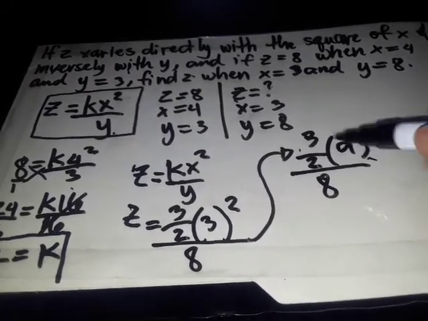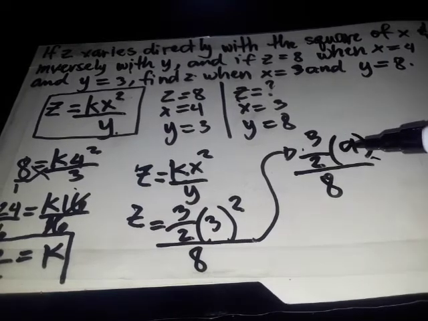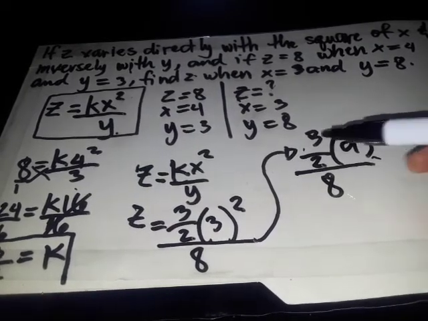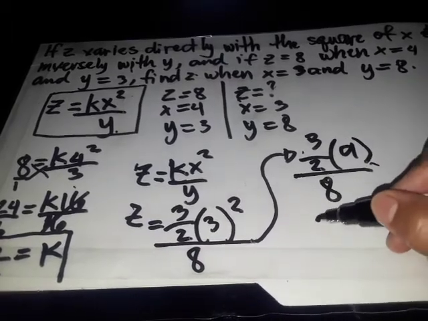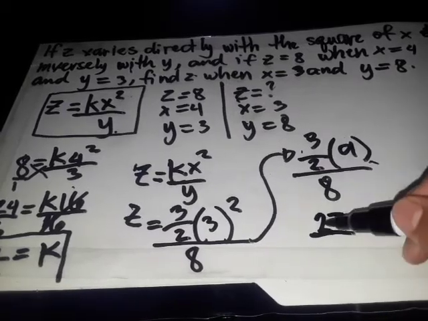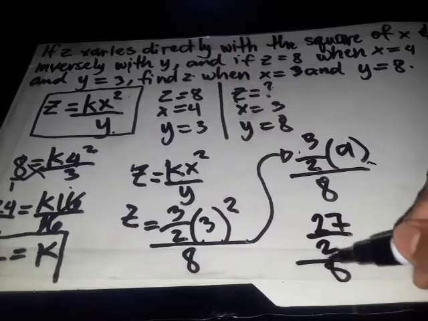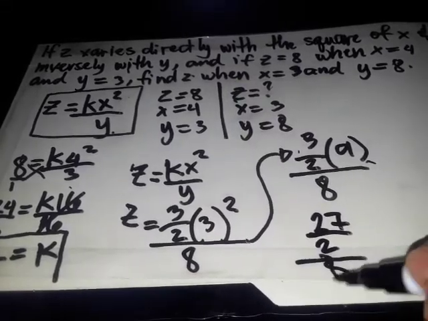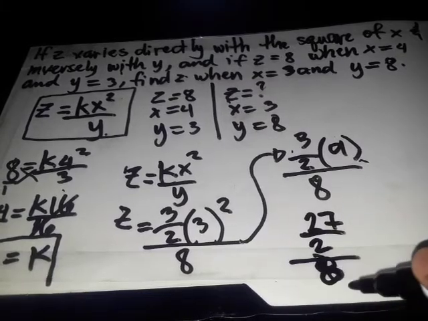Next. So, dito, ang pag-multiply ng fraction at whole number multiplied by the numerator. So, 9 times 3 is 27 over, copy the denominator, halves, divided by 8. Okay? So, pag 8 siya, ang denominator ng whole number na 8 ay 1.